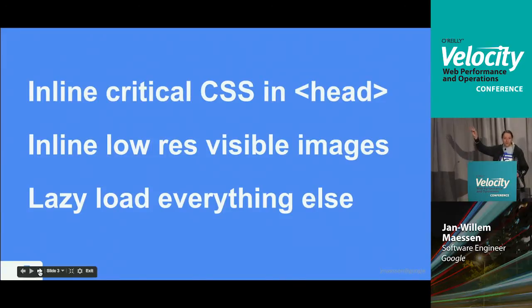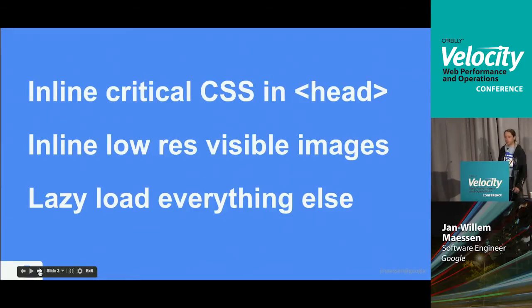So if there are 3 things I want you to take away from this talk, these are them. One is that the critical CSS, the CSS you need to render your page, you should inline in the head of your document. And you should do that using whatever combination of PHP scripts, CSS compilation tools, or automatic tooling like Mod PageSpeed that you find works for you.